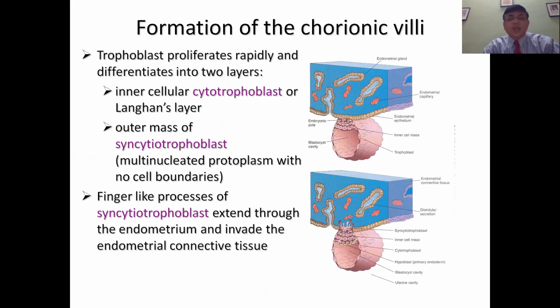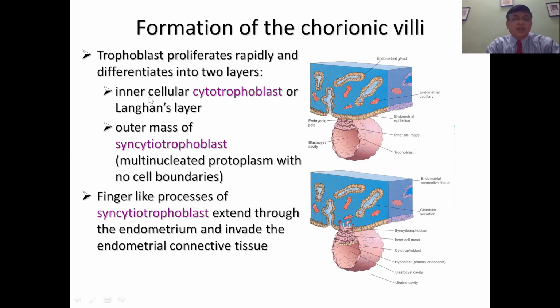You can take it down now. Trophoblast proliferates rapidly and differentiates into two layers.